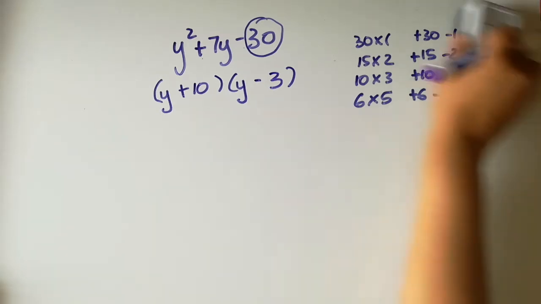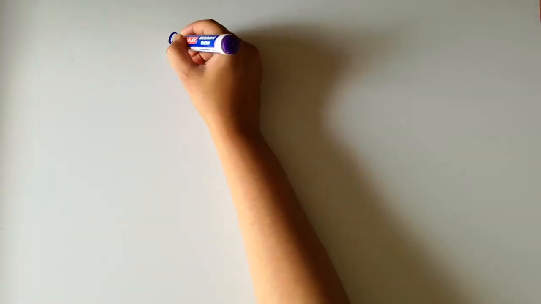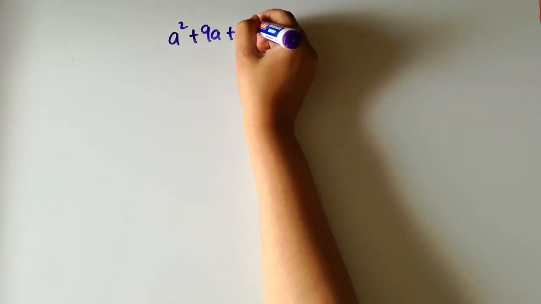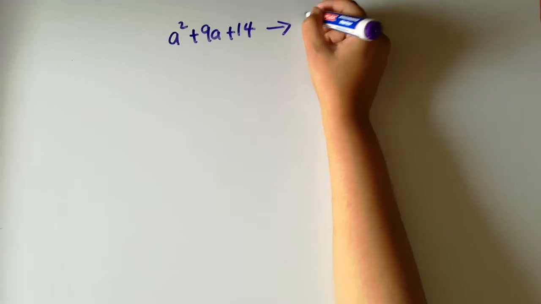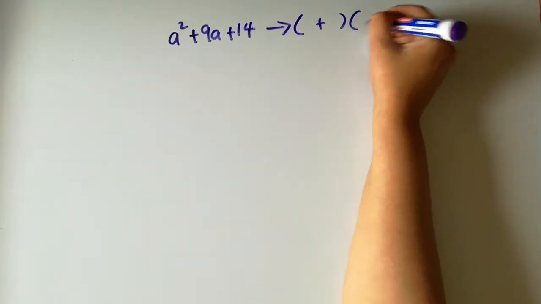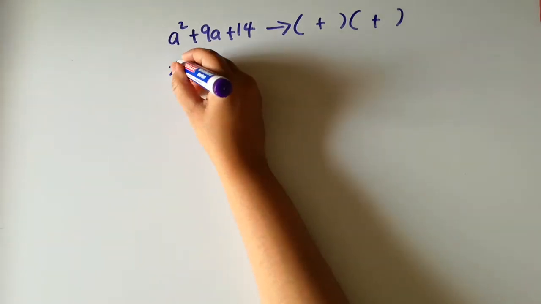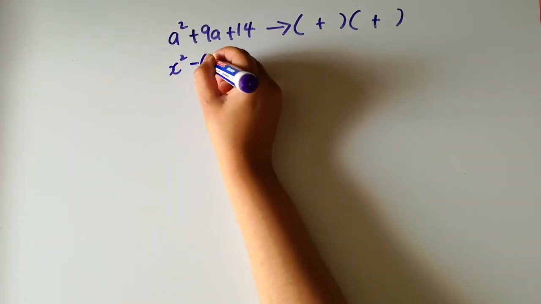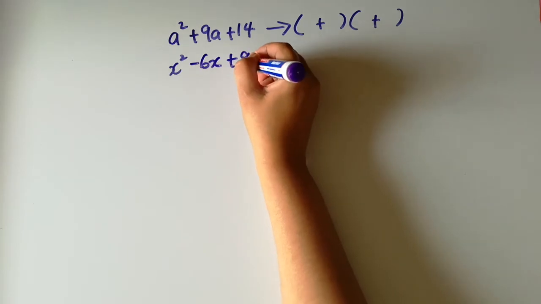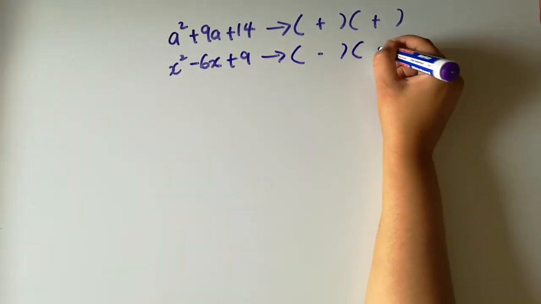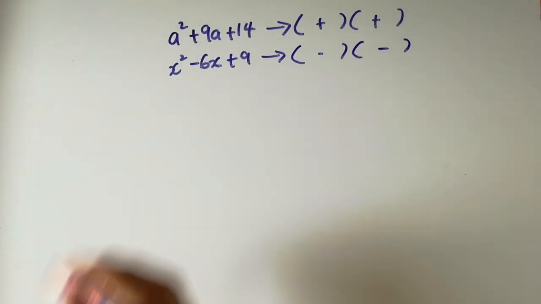Let's do a quick recap. If my trinomial has a plus and a plus, so a squared plus 9a plus 14, then my brackets are going to have a plus and a plus. If I have a minus and then a plus, then both my brackets are going to have a minus and a minus.